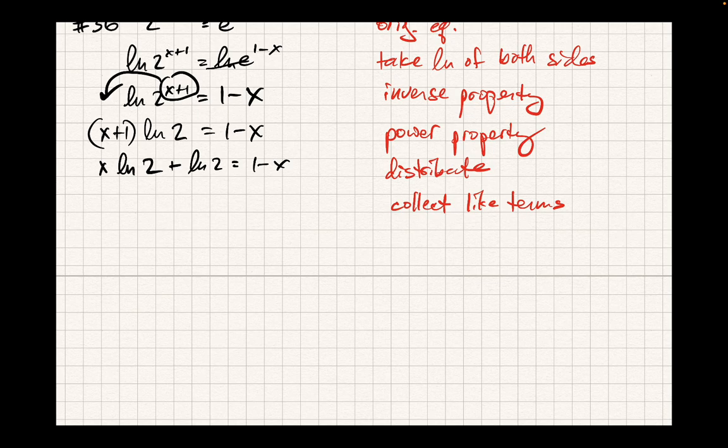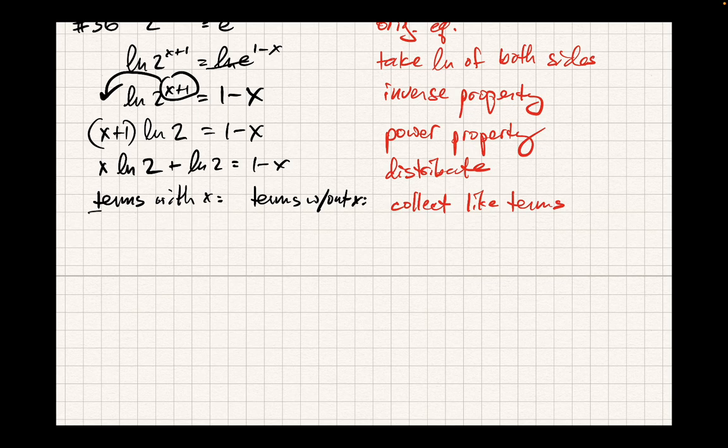No, terms that contain x and terms that don't contain x. So on the left side I want terms with x, and on the right side I want terms without x.